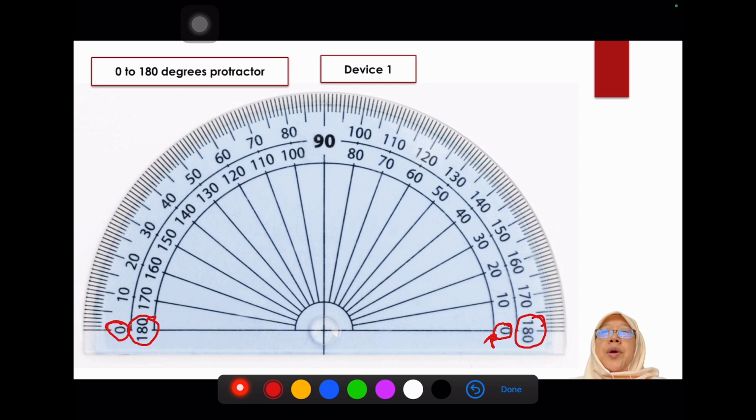So whichever way you go, 90 degrees is always here. If you are measuring from this side, let's say it is 30 degrees. But if you are measuring from this side, it is also 30 degrees. It depends on where you want to go.